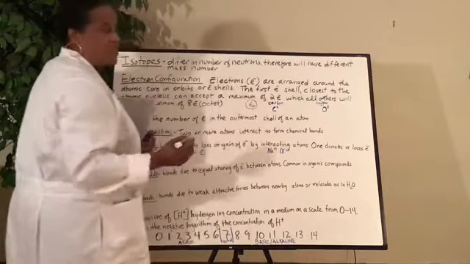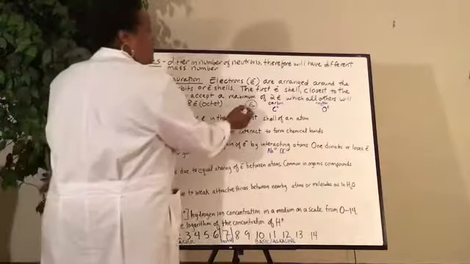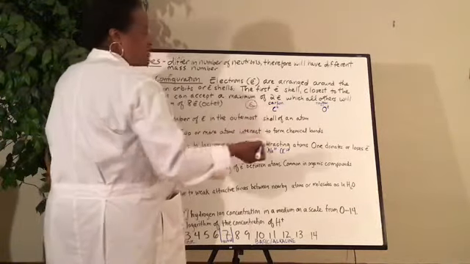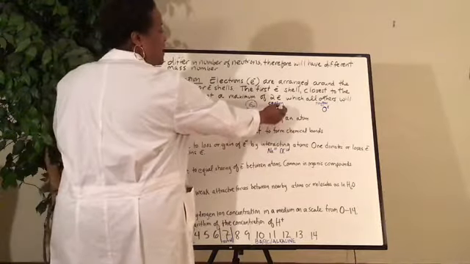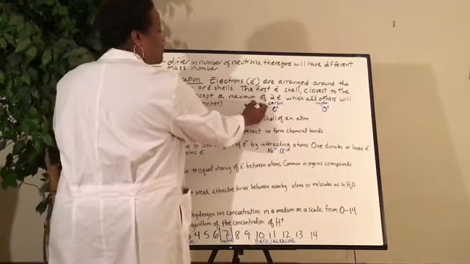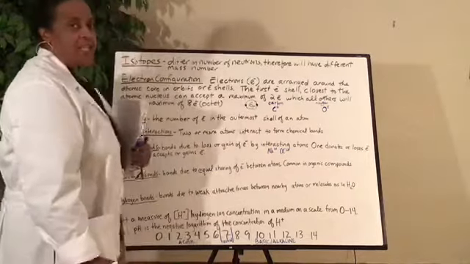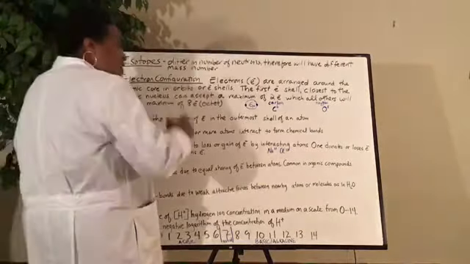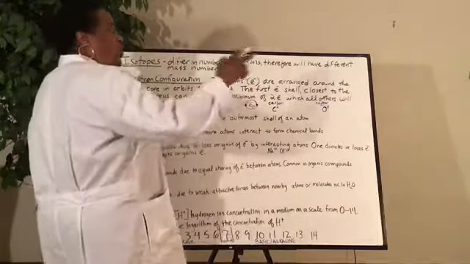And here's one of the shells or orbits. The shell closest to the nucleus will take 2 electrons. We'll just make those little dots as electrons.